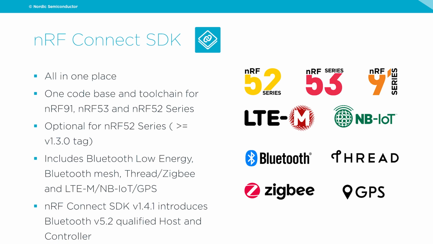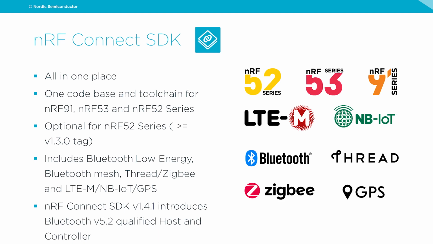So just a quick intro to nRF Connect SDK. It is all in one place. It is one code base and toolchain for the nRF91 series, nRF53 series, and nRF52 series. It is optional for the nRF52 series, so there you can either choose to use the nRF Connect SDK or the nRF5 SDK.